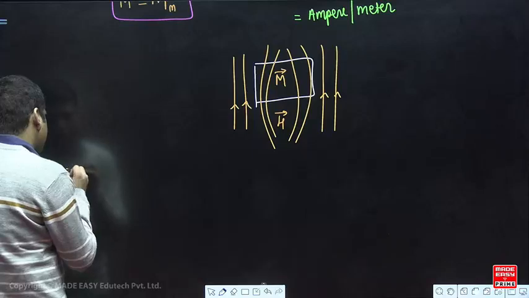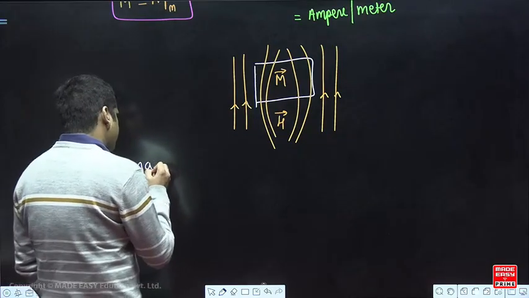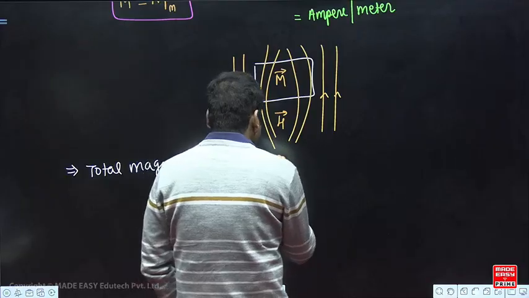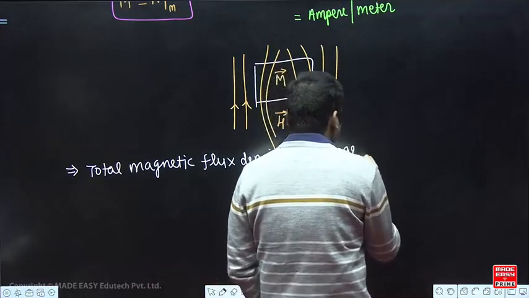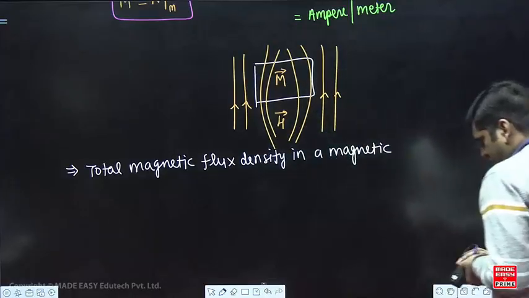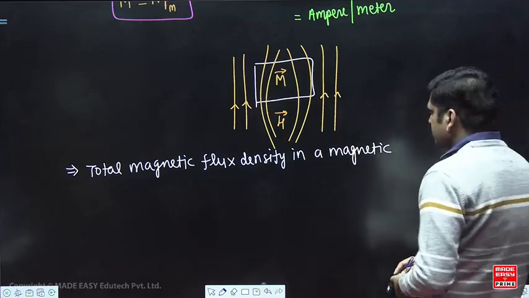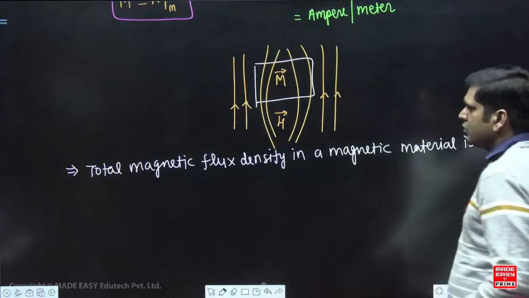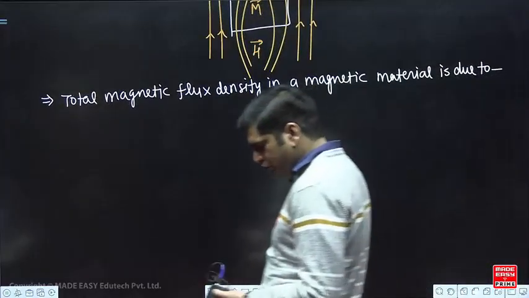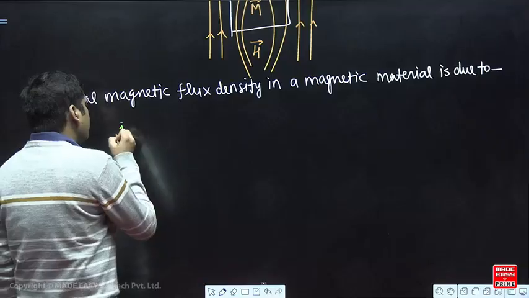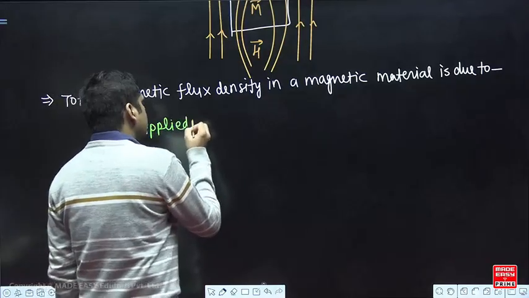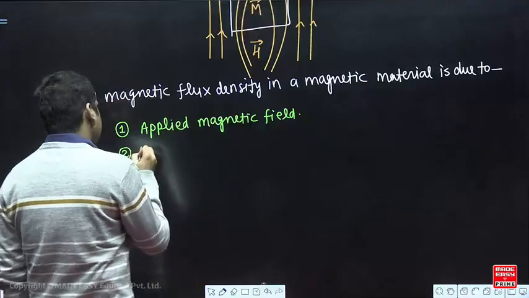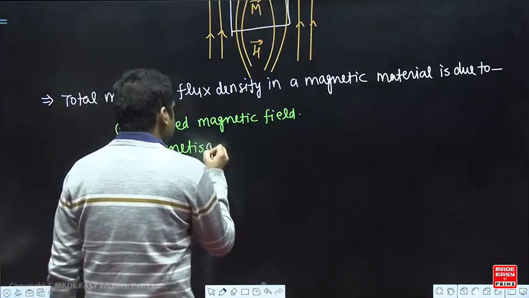So you can write that total magnetic flux density in a magnetic material is due to first the applied magnetic field, and second the magnetization.